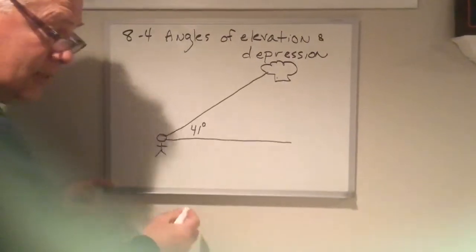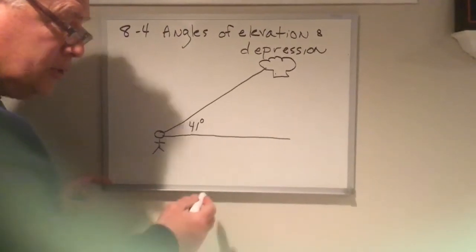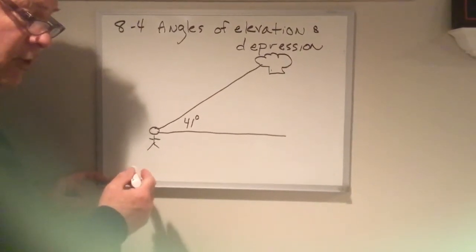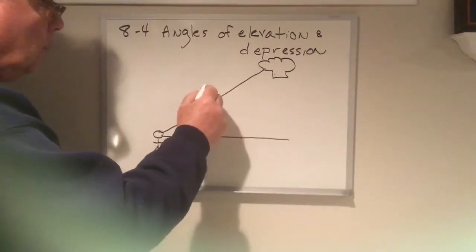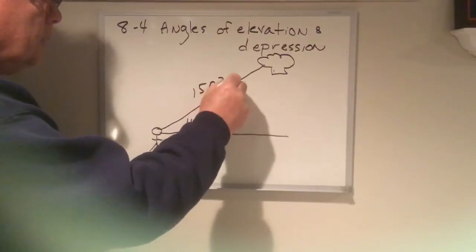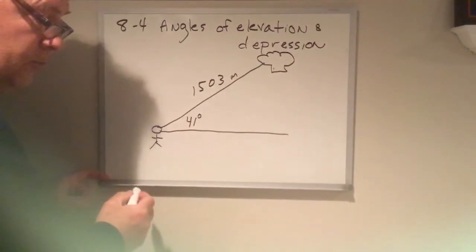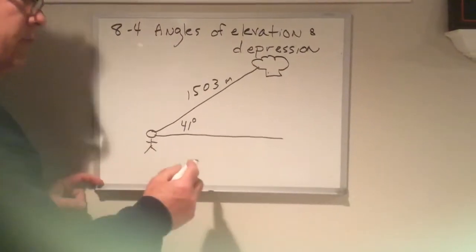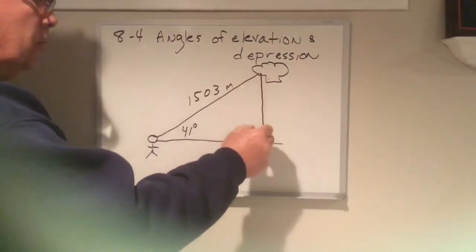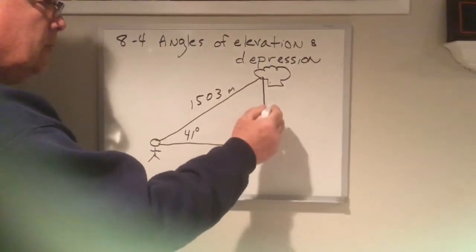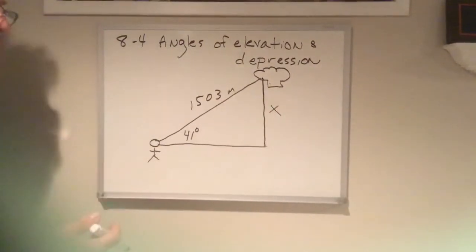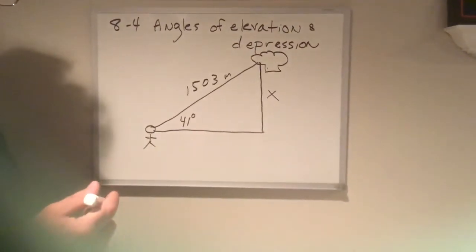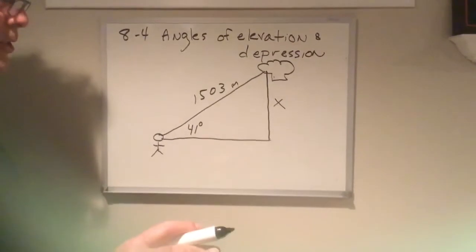And the problem says a radio signal from the balloon indicates that it is 1,503 meters away from the weatherman. To the nearest meter, how high above the ground is the weather balloon? And again, if you don't like weather or weathermen, this isn't about weathermen.